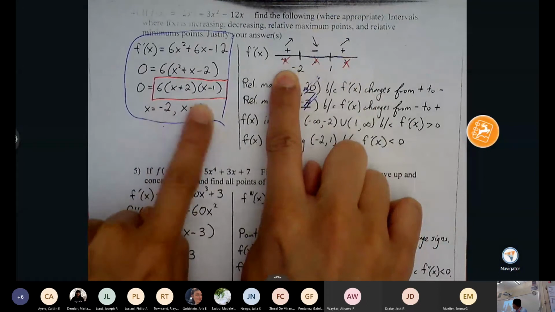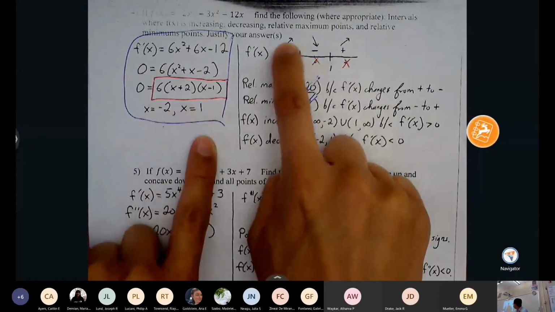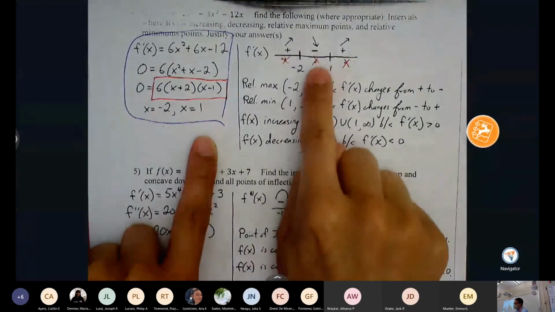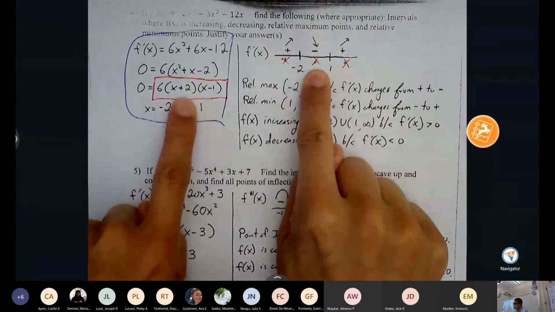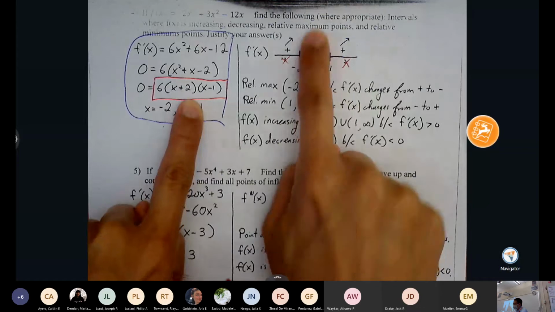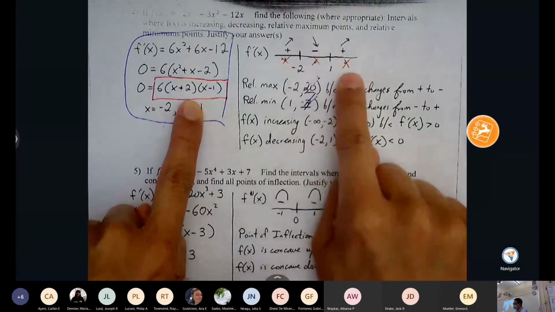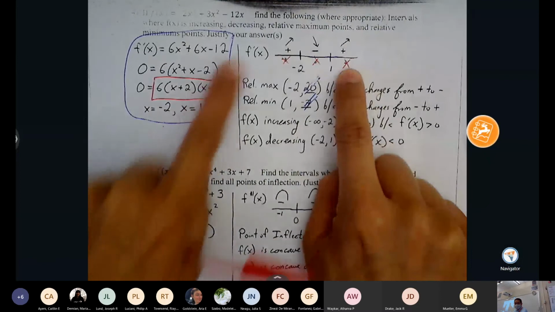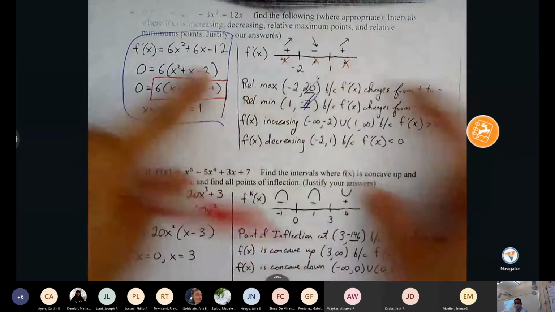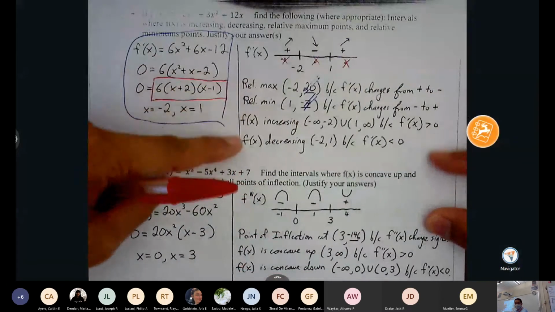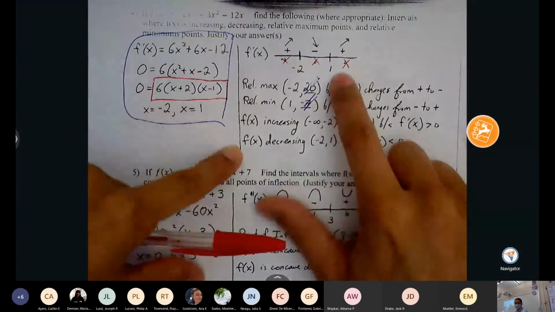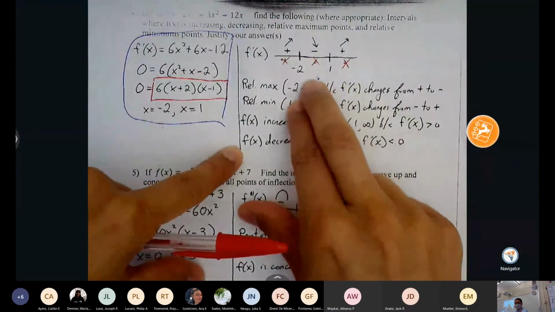If it gives you a positive number, you know that interval is positive, rising, has positive slope. If I plug 0 in here, I get a negative value, so I know my graph is falling. If I plug 2 in here, I get a positive, so it's rising. Based off of this, I should be able to answer all my questions about max, min, increase, decrease. And you only have to give me the x values of max and mins.